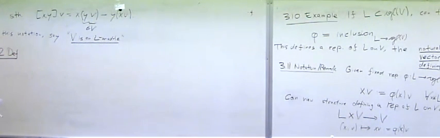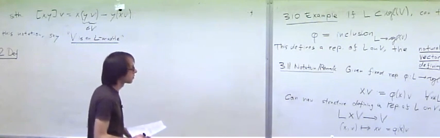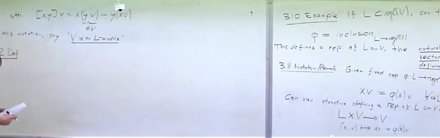And yeah, so the last thing for today is to pull back our notions of weight spaces, weight vectors, and weights to arbitrary representations of Lie algebras.